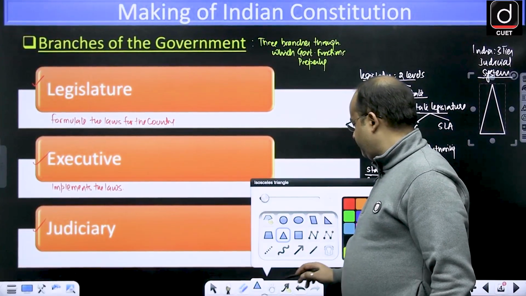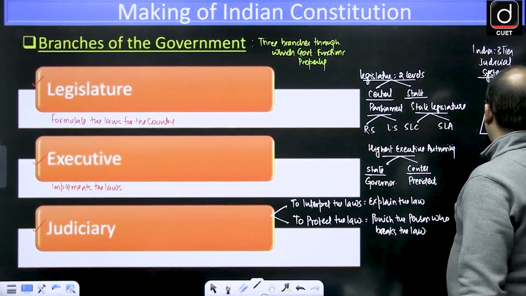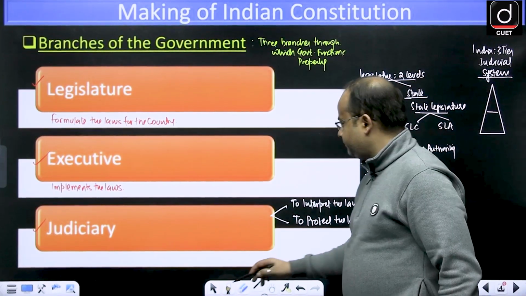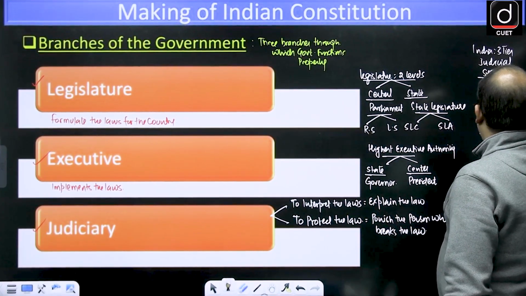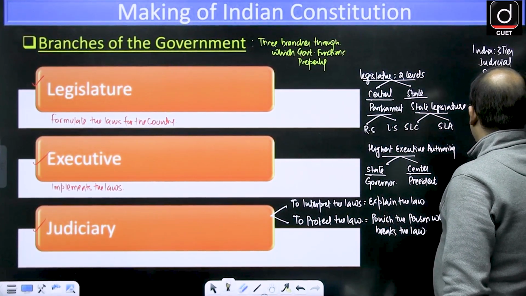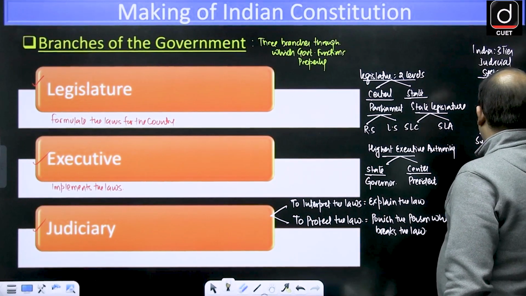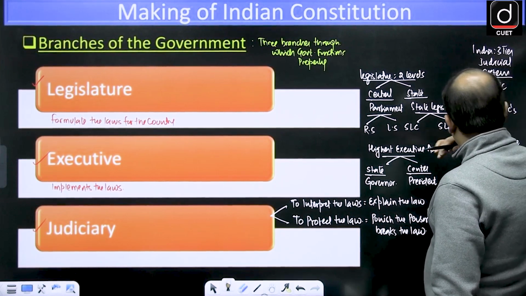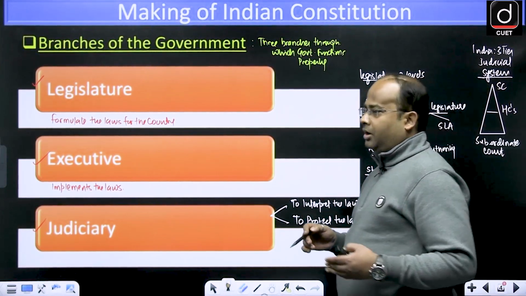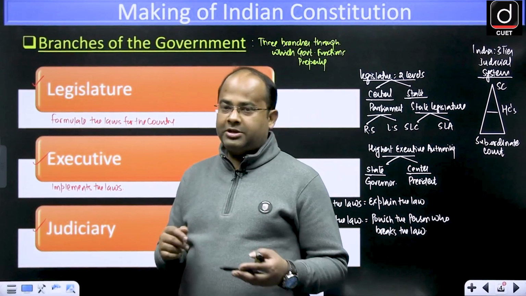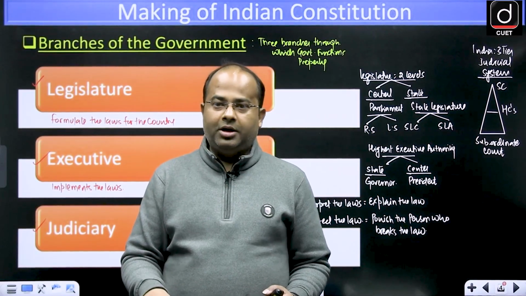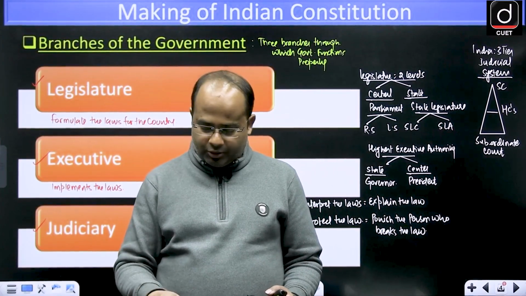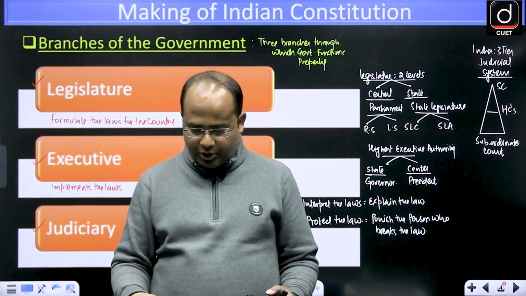First is Supreme Court, then High Courts, and subordinate courts. Subordinate courts work under the High Court in a state, like District and Session Court, Civil Court, Family Court, Criminal Court. These are combinedly known as subordinate courts.